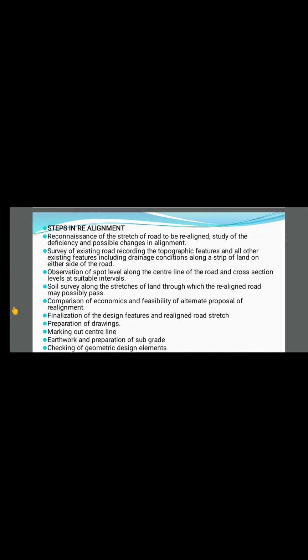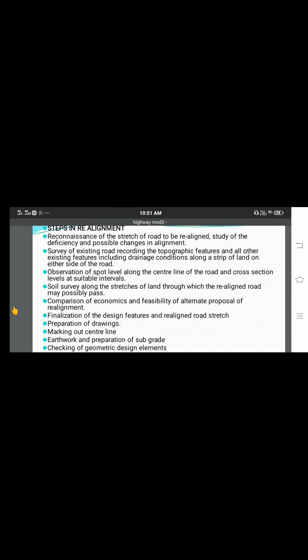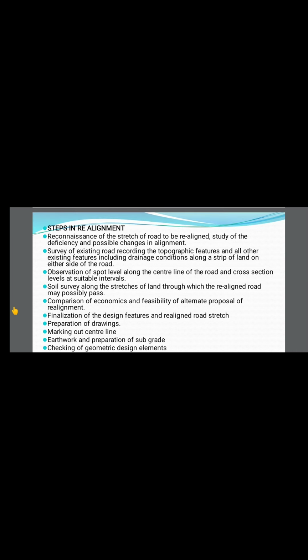The survey of existing road recording the topographic features and all other existing features including drainage conditions along the strip of the land on either side of the road. A survey work has been carried out on the existing road, and there we are going to check the topographical features of the road, so that whatever water is going to be accumulated should be drained properly.